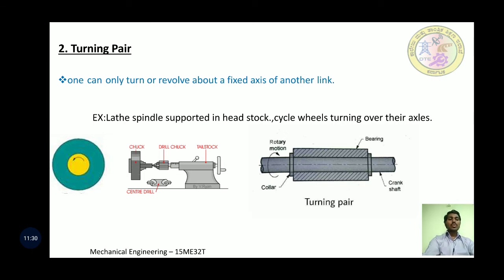Lathe machine is a machine tool that rotates a workpiece about an axis. So it rotates a workpiece about an axis of rotation to perform various operations such as turning, facing, thread cutting, knurling, etc. The diagram shows a workpiece held between a chuck and a drill chuck to drill a hole at the center of the workpiece, to perform different operations on a workpiece.